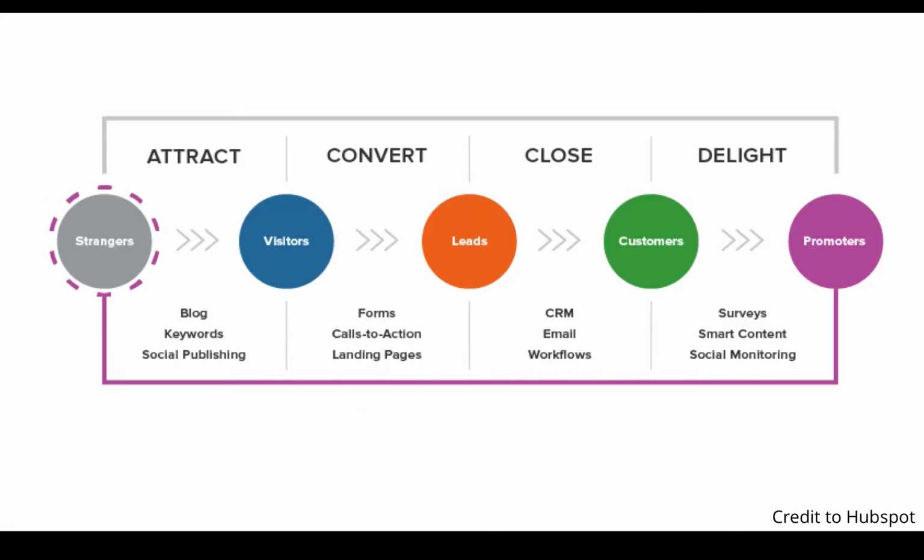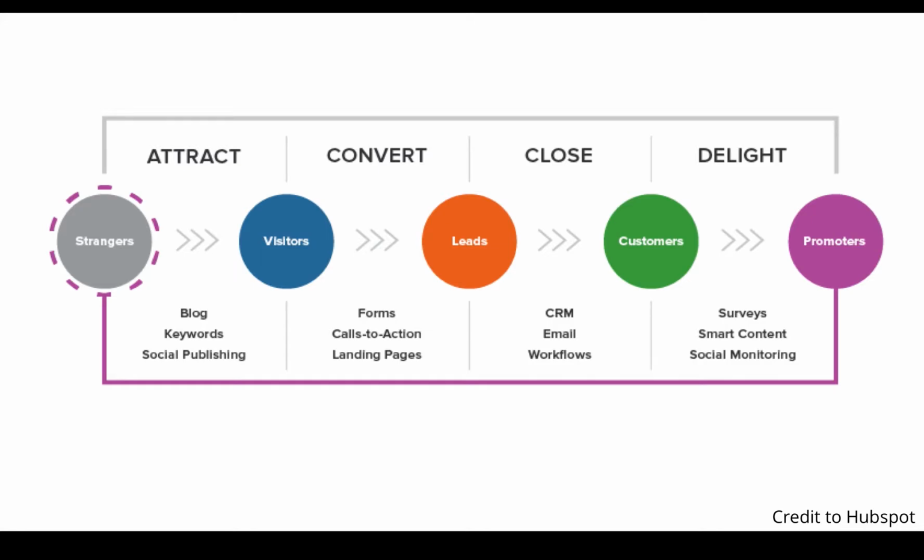So a little bit about the inbound methodology originally created by HubSpot. There's 4 different phases: attract, convert, close, and delight. Now, in each of these phases, customers will move through a different life cycle stage. They'll begin as strangers, to where they're just floating in the web with questions. Then they'll convert to visitors. From visitors, they'll convert to leads.